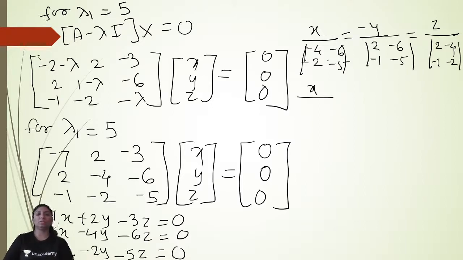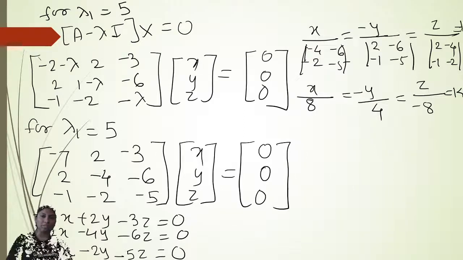So x upon the determinant of this, 20 minus of minus 12, so 32; then minus y upon minus 10 and plus 6, so 4, is equal to z upon minus 4 and minus 4, so minus 8, is equal to k.